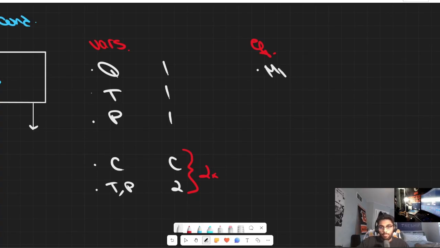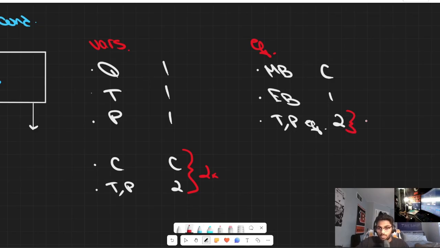We still have our mass balance, and that's going to constitute C number of equations. And we will have an energy balance, which is 1 equation, and we're still going to have a TP equality, and that's two variables for only 1 exiting stream. So this is 1 time only.